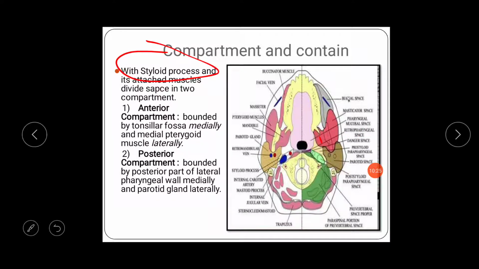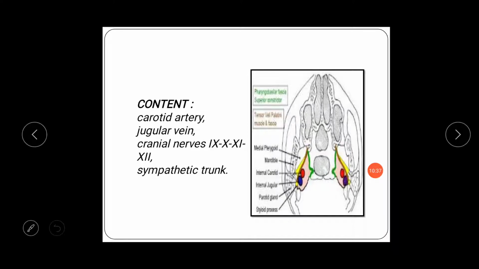So this is the parotid gland which is present on the lateral side. This is the pharynx which is present on the medial side, and this is the pre-styloid and this is the post-styloid compartment. Important contents in this parapharyngeal space are the carotid artery, jugular vein, cranial nerves 9 to 12, and the cervical sympathetic trunk.